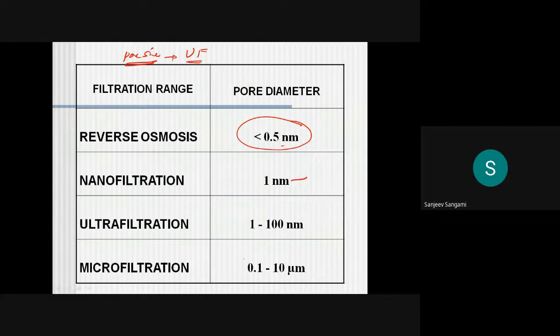Then microfiltration is 0.1 to 10 micrometers. As it moves downwards, you can see the pore size or pore diameter is increasing.